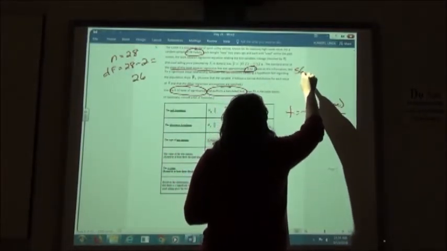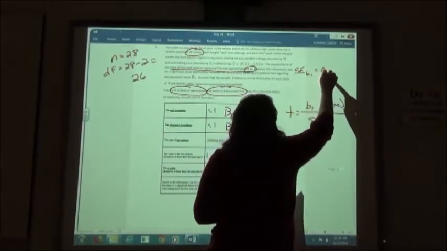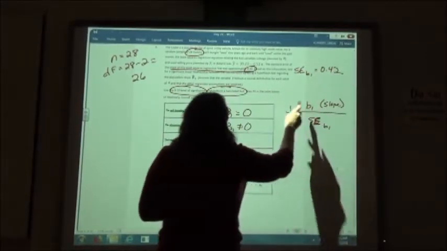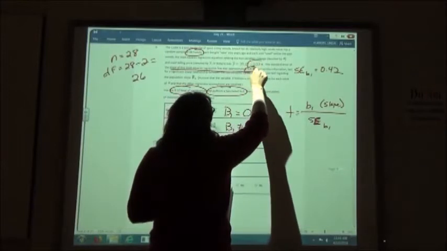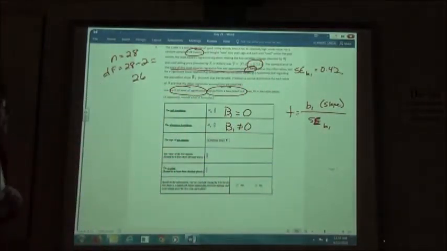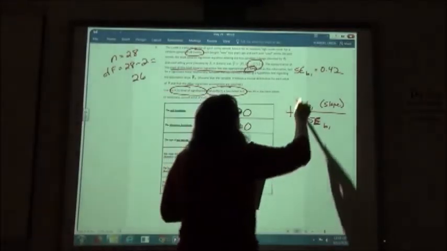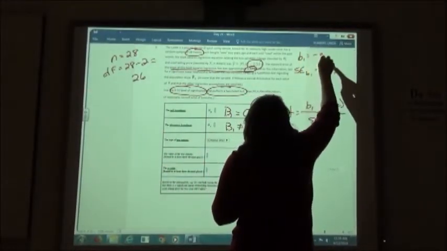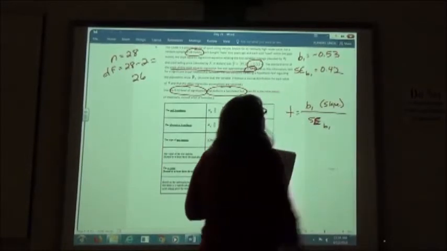So the SE B1 is 0.42. The plain B1 is the slope of this line. Notice the slope of that line is a negative 0.53. So B1 is negative 0.53.